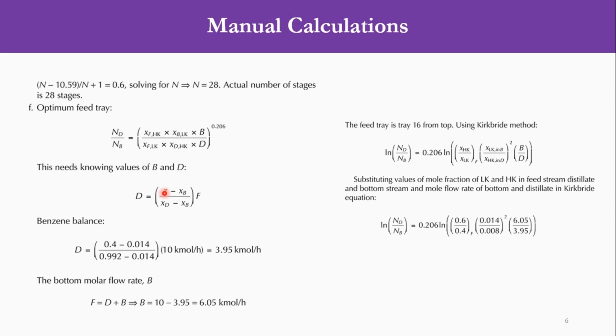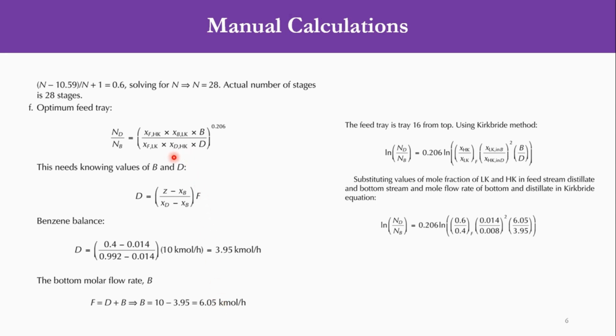Substituting the value of Z for benzene balance is 0.4. X of B in bottom is 0.014 of benzene mole fraction. X of D 0.992, X of B 0.014. Flow rate of the feed is 10, so accordingly the distillate flow rate is 3.95, and the bottom flow rate will obviously be 10 minus 3.95, so it will be 6.05.